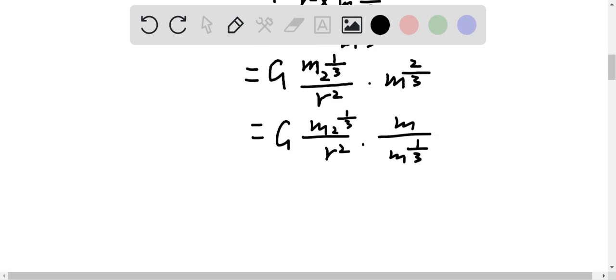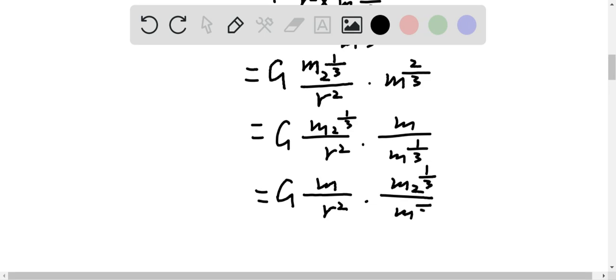And we can do some rearrangement here, which is G times m over r squared times m2 to the 1/3 over m to the 1/3.